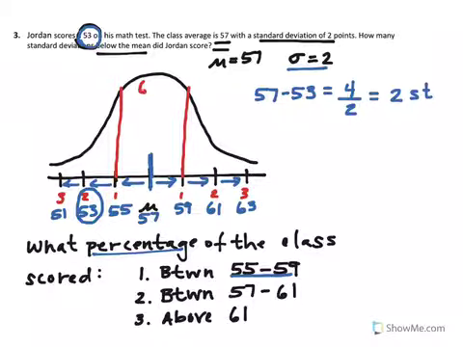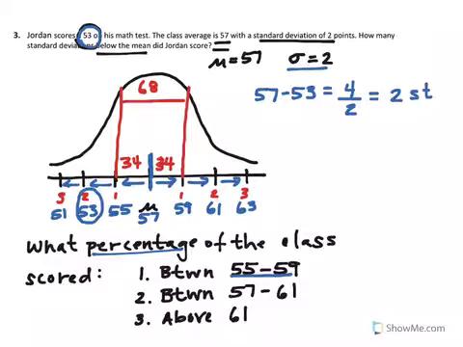So 68 total here falls in between 1 standard deviation above and below the mean. So if we break that down, that tells us that 34% is represented 1 standard deviation above, and then 34% is 1 standard deviation below. And then we continue on with our empirical rule.